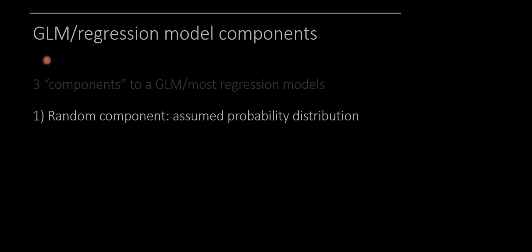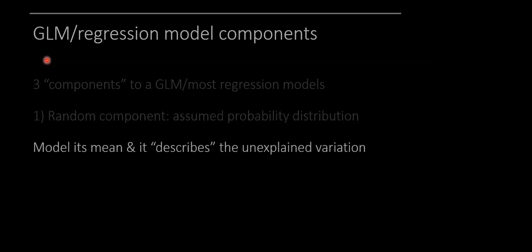This is the assumption that we make about the pattern that the unexplained variation in the data follows. With the model, we try to model the mean of the assumed probability distribution, and then the probability distribution, assuming it's correct, allows us to describe the unexplained variation, which we're not able to explain in terms of the data that we've collected, so in terms of the independent variables.